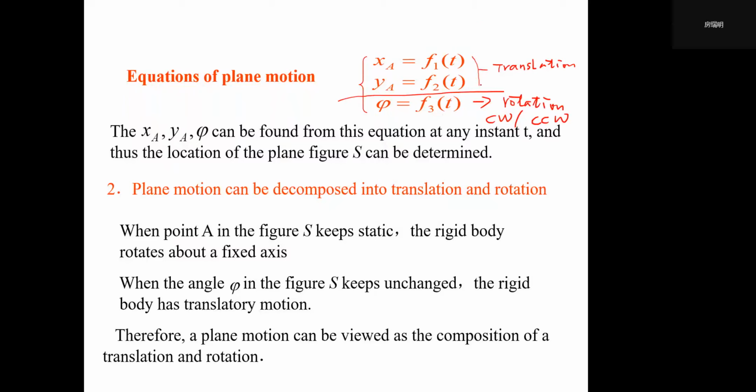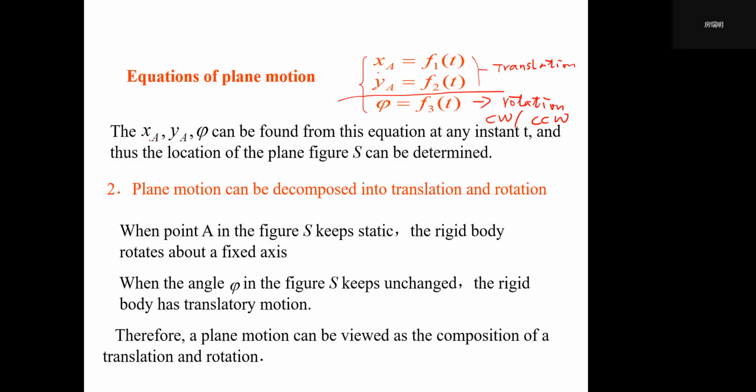That's why this rotation is independent of this translation. Movement along x direction and movement along y direction are also independent of each other. So that's why we say that these three motions are independent of one another, right?